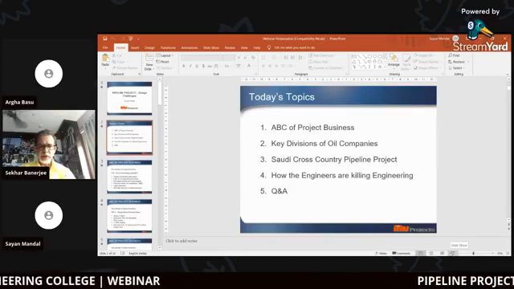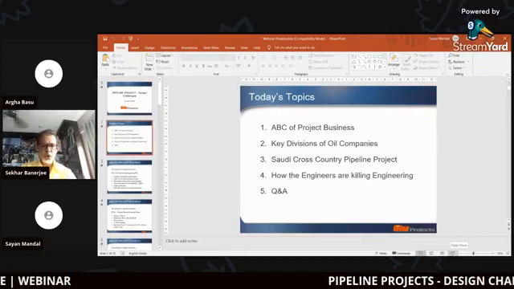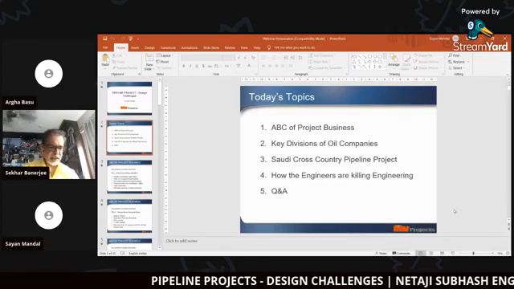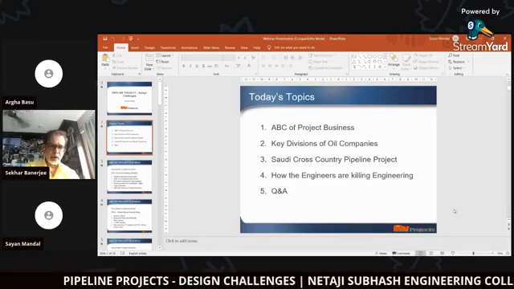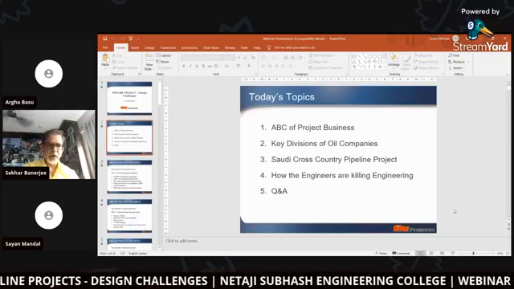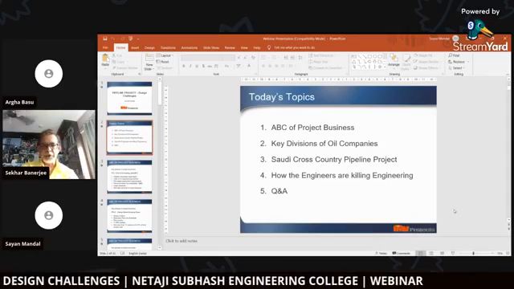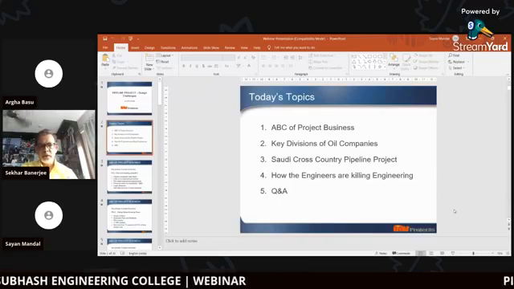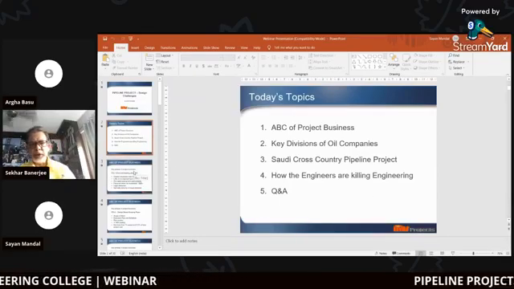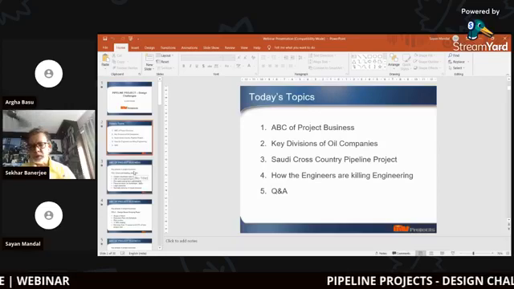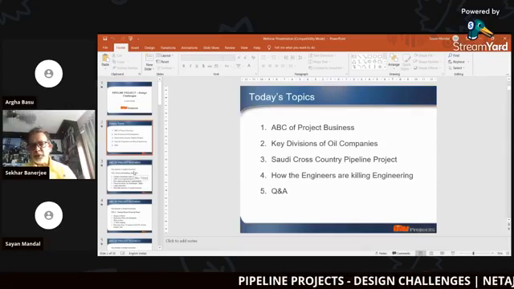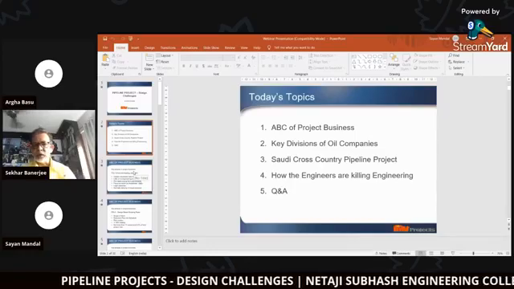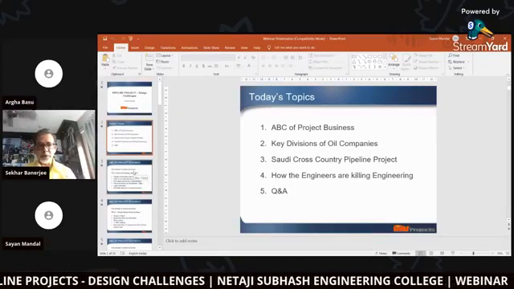Now, this section is important for those who are looking for project jobs, like Mecon or DCPL or maybe Shubha's projects. Those are the common Indian companies, right? The second part will be the key divisions of oil companies. These will be important for anybody who is aiming at ONGC, IOCL, or any Middle East type jobs. They'll like it.